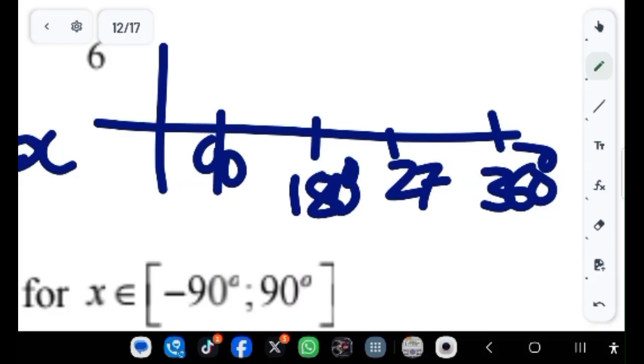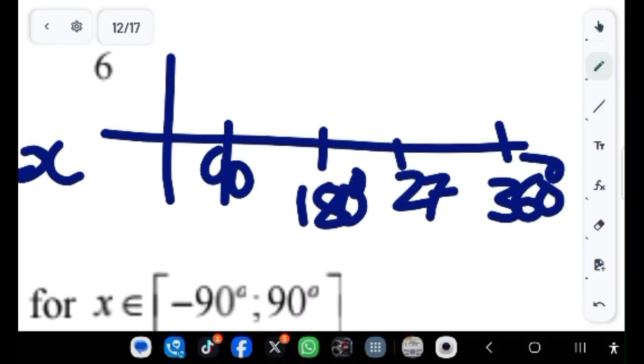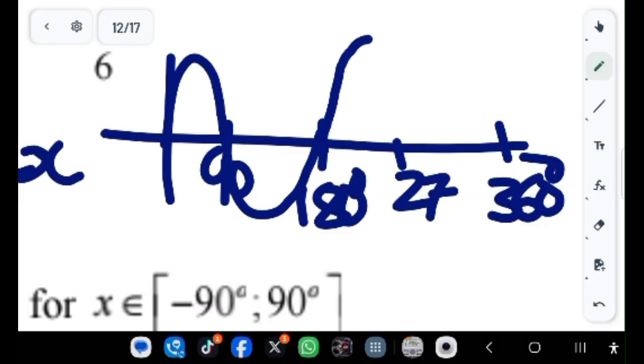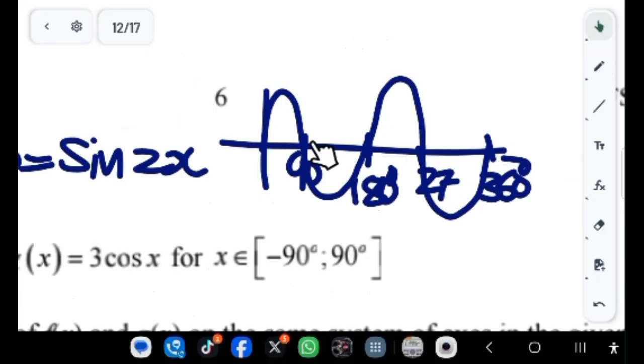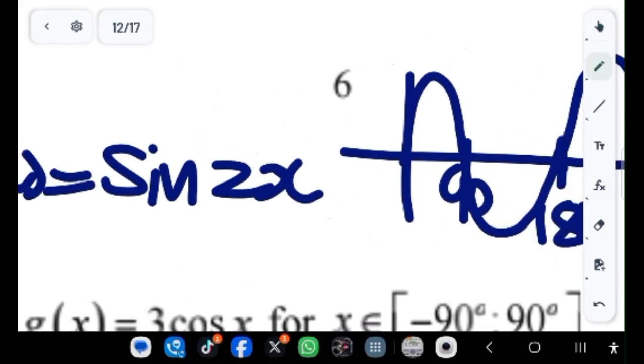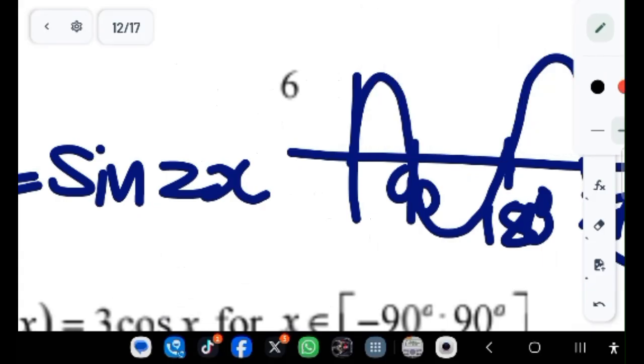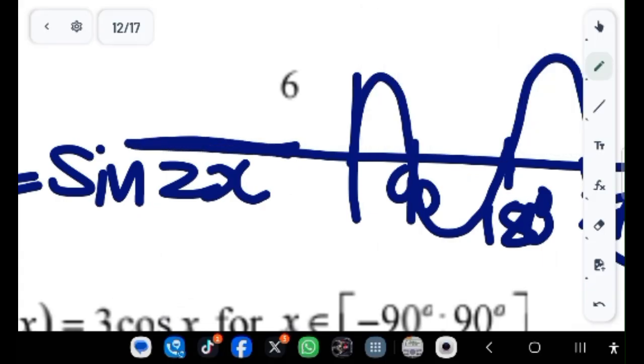Instead of one complete cycle, at 180 we're going to have a full cycle. So at 90 degrees we're only going to have half. On the left hand side, same story, it will go there as well. That will be negative 90 degrees, so it will be like this.